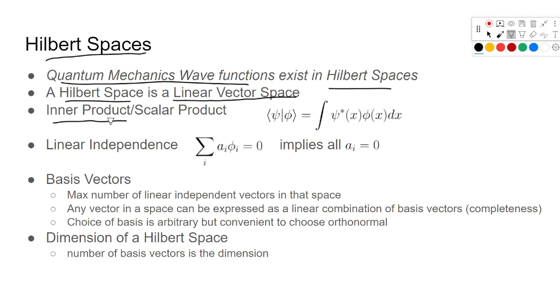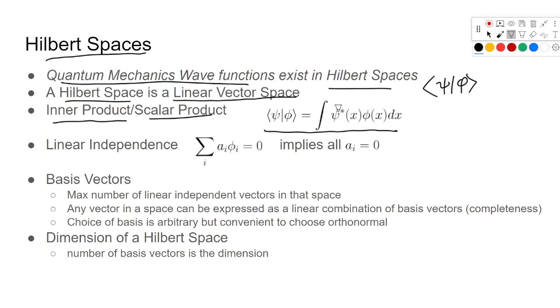In the last slide, we had not defined a way to multiply two vectors. Now we do. We call it the inner product or the scalar product. We call it the scalar product because the result of that multiplication is a scalar. And this is how you multiply two vectors in a Hilbert space. So we write the inner product as something like this, and this is what it results in.